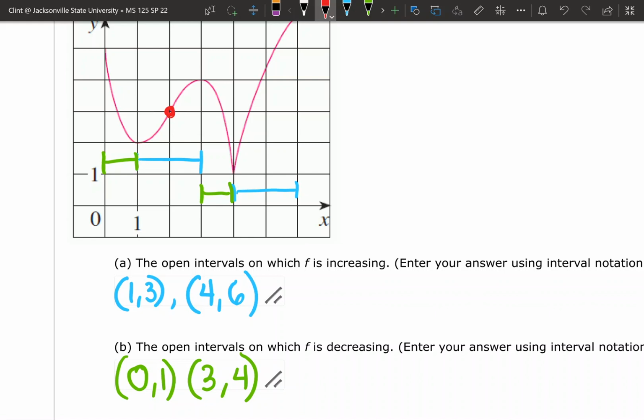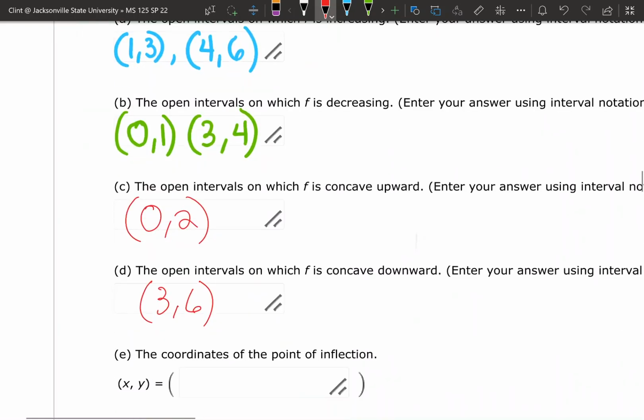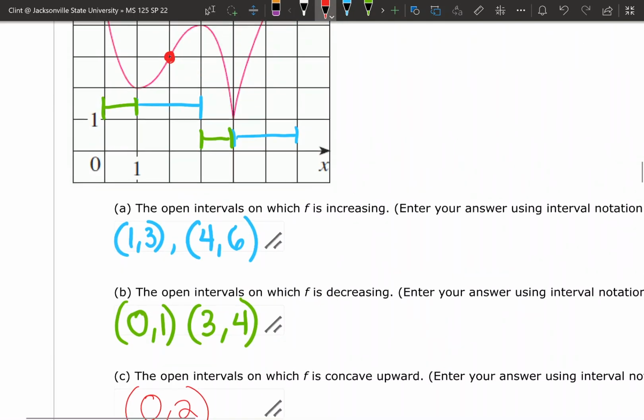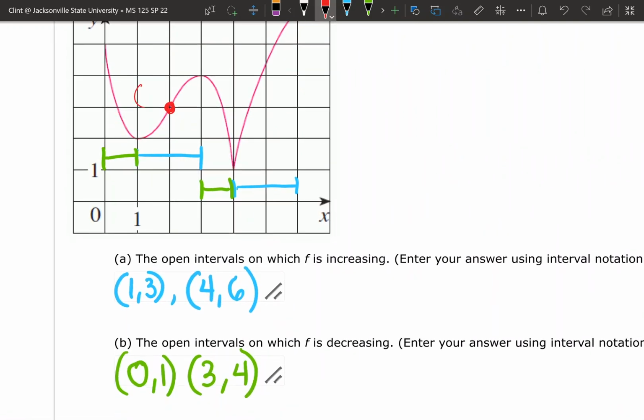So our point of inflection is 2, 2. Yeah, 2, 2.